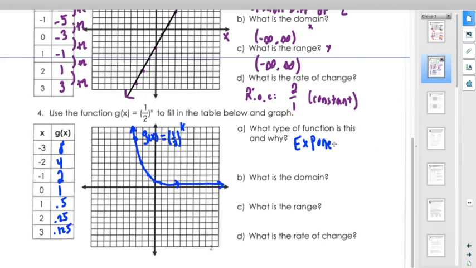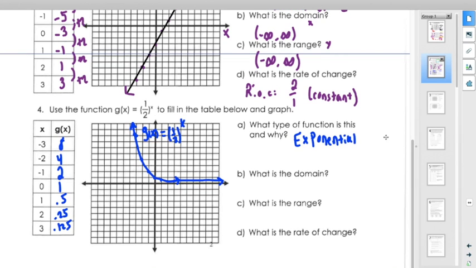Why is it exponential? Well, look at our table of values. Are we going down from -3 to -2? It's a rate of change of -4. From -2 to -1, it's a rate of change of -2. Right there, it's different. It's not constant. Right? It's not the same number.